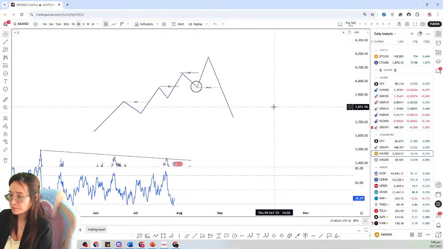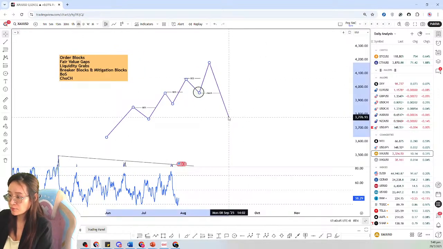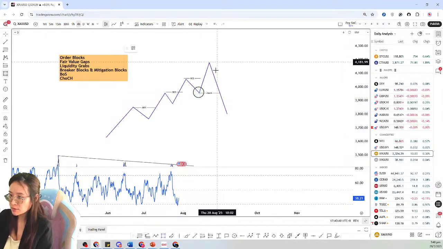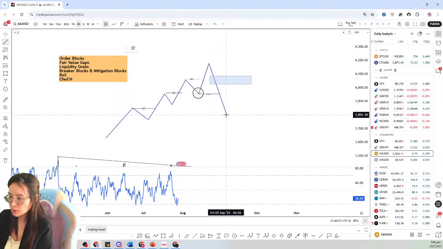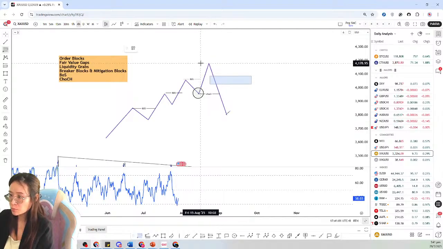Now for SMC, you need to wait for price to retrace at somewhere around this level. That could be your Fibonacci. You need to wait until price makes a new low, where it starts to move up, then you use Fibonacci.